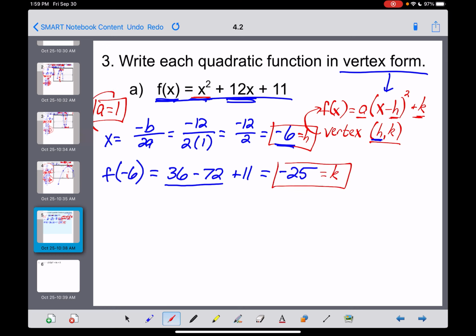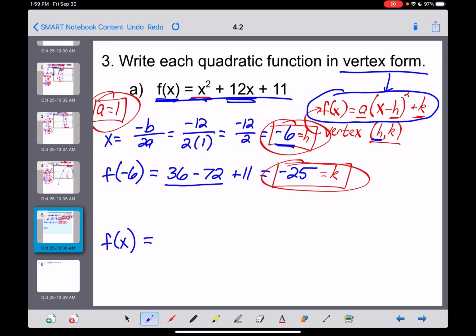So now we know the value of a, the value of h, and the value of k. So now we're ready to put it all together in vertex form. f of x is equal to, and I'm following this pattern right here, guys, our a value is 1, and you don't really have to write 1 out there, but in parentheses, it's going to be x minus this h value right here.